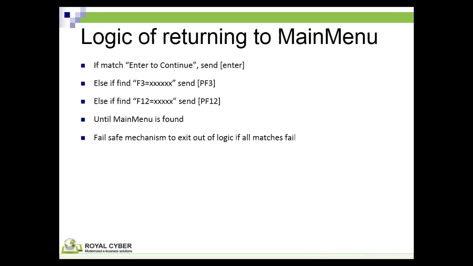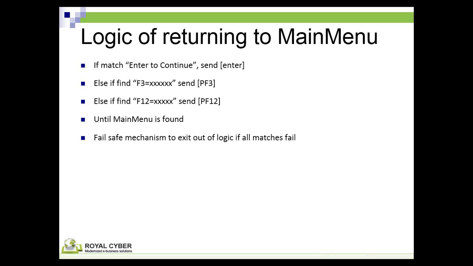This is the logic: if on any screen we see the enter to continue message, normally the F3 or F12 keys are used to navigate back to previous screens, but with that message on the screen, even these keys will not work.